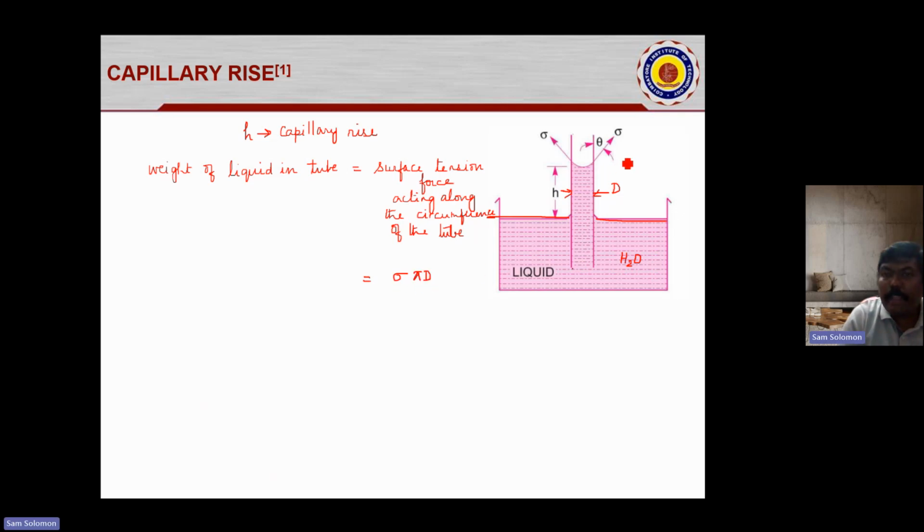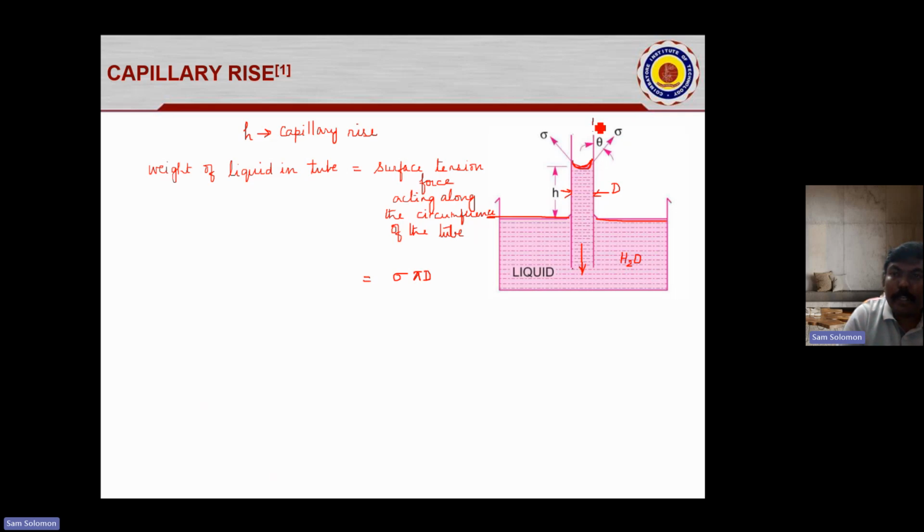But what we need to look at is that because of this meniscus, there is going to be an angle of inclination. We are talking about the downward force of weight and the upward force, so we are supposed to take the vertical component.